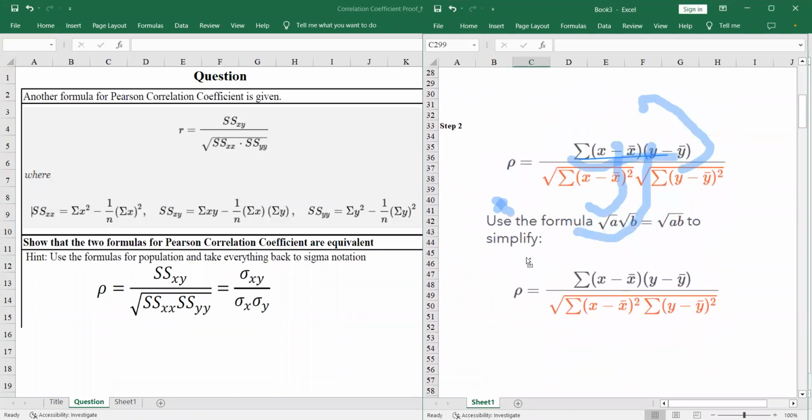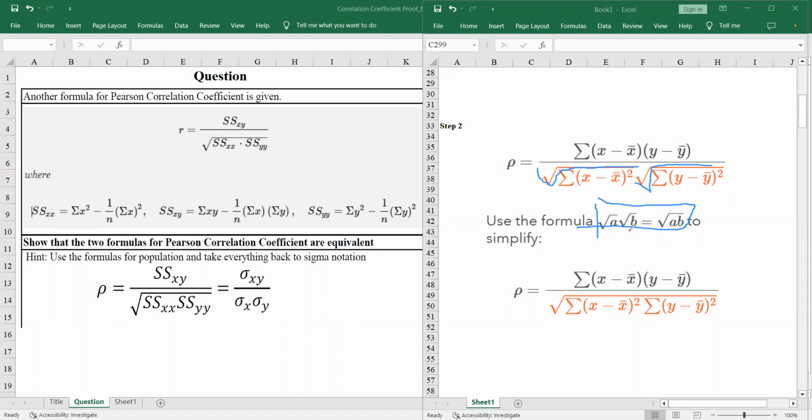In step 2, because we have two under roots in the denominator, I used the product formula. The product of an under root with another under root is equal to the under root of the entire thing.